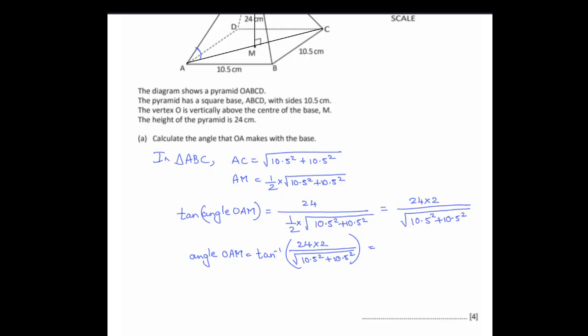Close the bracket. The answer is 72.81. This is the angle.